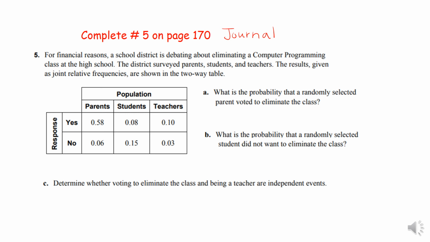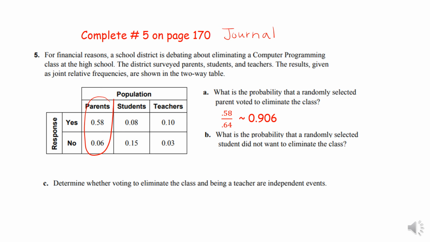What is the probability that a randomly selected parent voted to eliminate the class? The first thing you want is the total number of parents, so add these two numbers together, and then you're going to put voted to eliminate. The answer would be yes. So there's your answer: 91% of the parents said get rid of it.